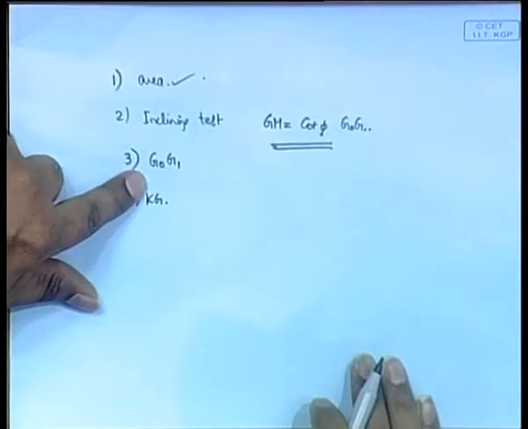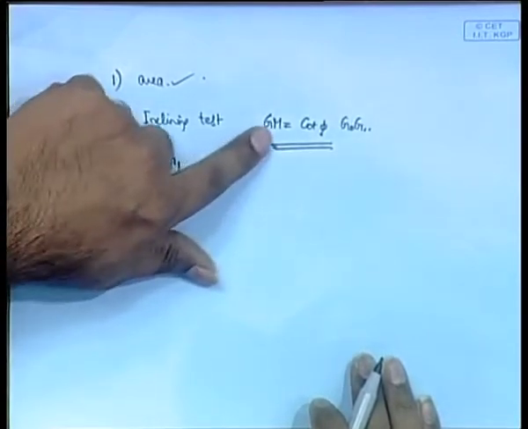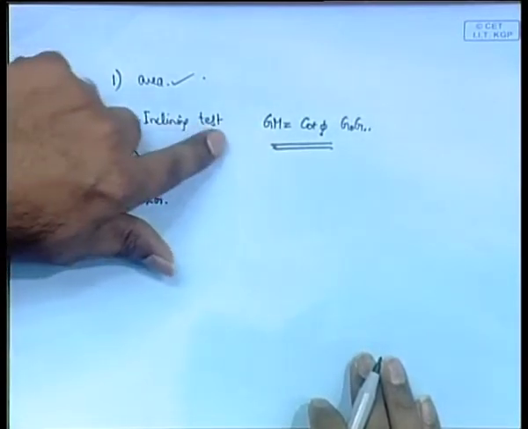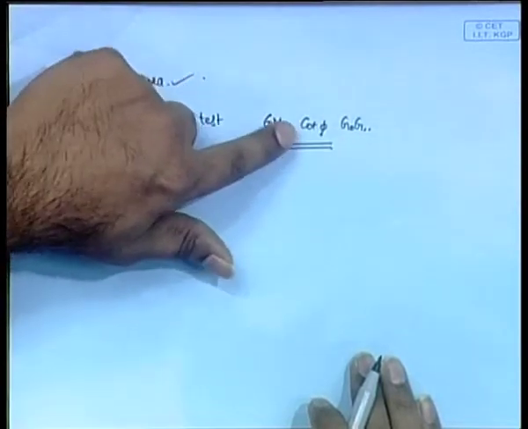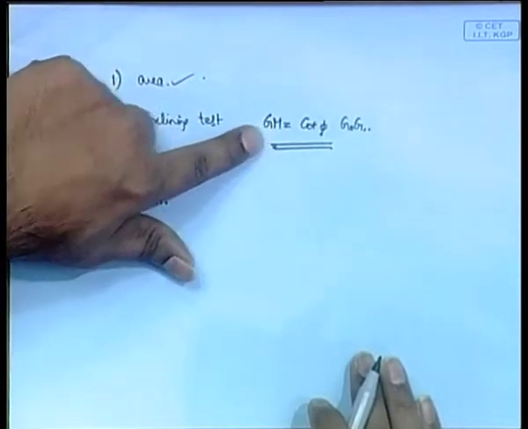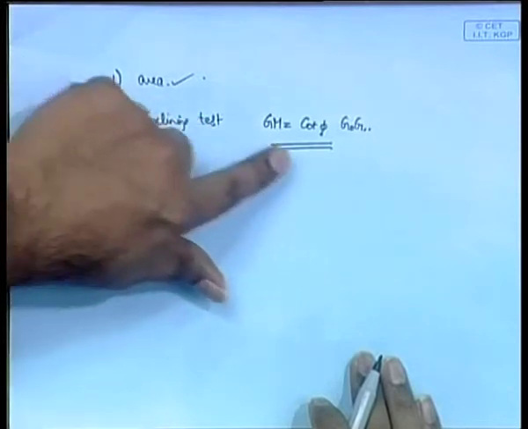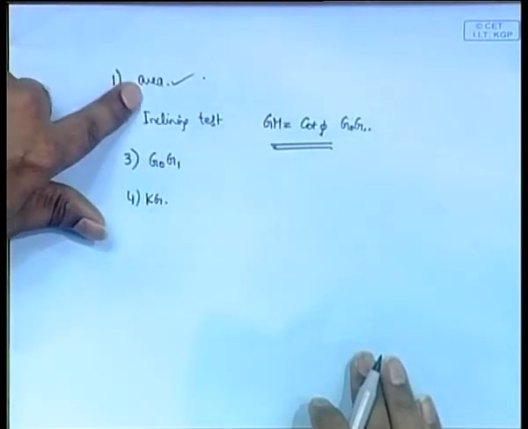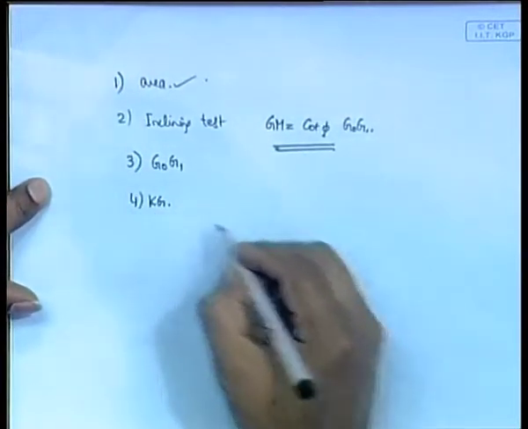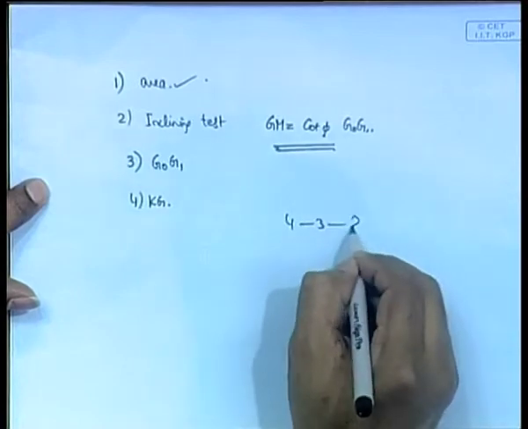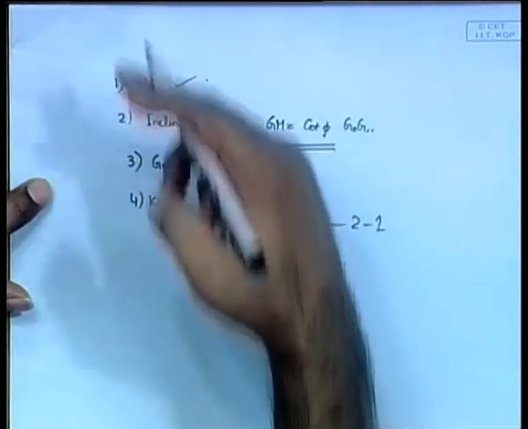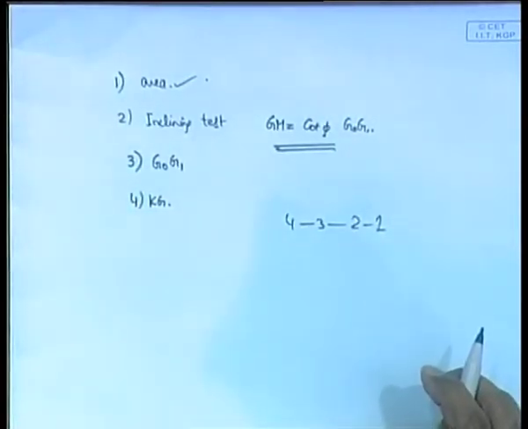Once you have G0 G1 and Gm, you can get phi. From that phi up to 40 degrees you find the area. So you go like this, 4, 3, 2, 1, like that you go up and the problem is solved.